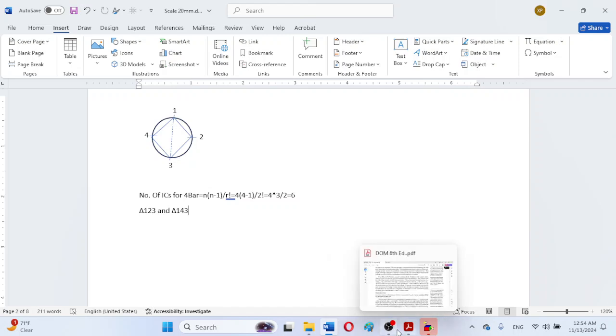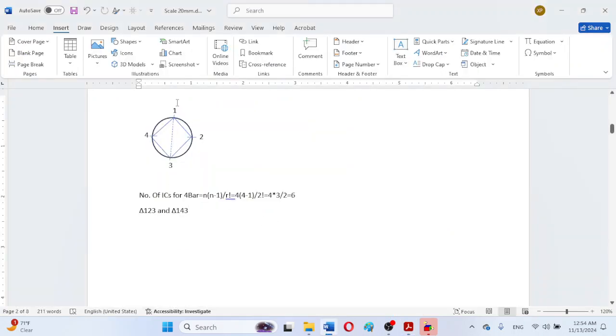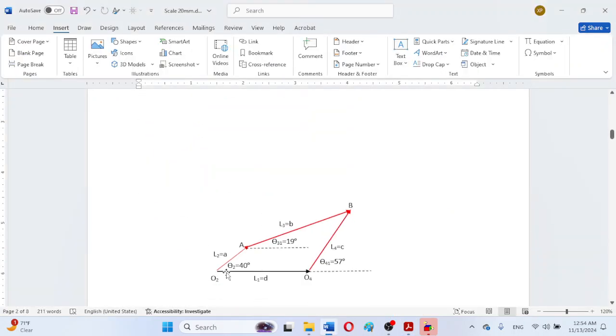as we can observe here, first of all we can label these permanent instant centers on the diagram.